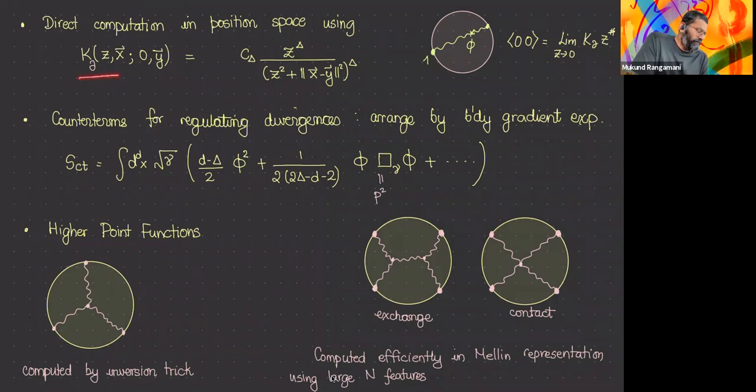This bulk to boundary propagator is very useful if you want to start computing higher point functions. So now let's add in a bulk interaction. So let's put S phi to have a term like lambda phi cubed. Okay. So let's say there's a 3-point vertex in the bulk.